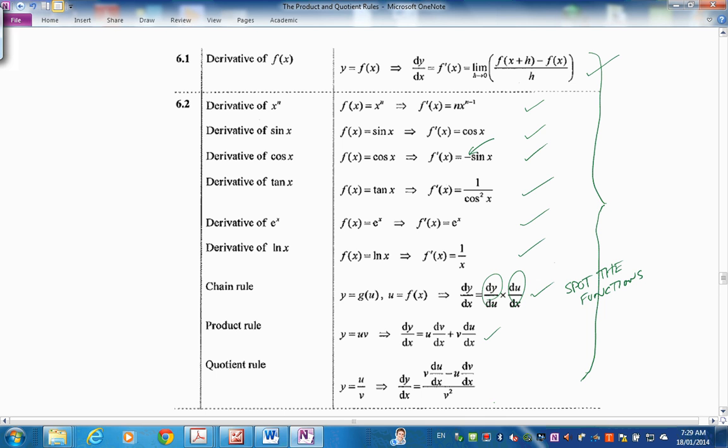Here it is, the wrong way around. I want to put this first: du by dx times v, plus u times dv by dx.